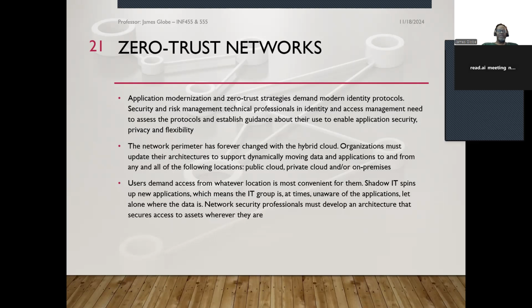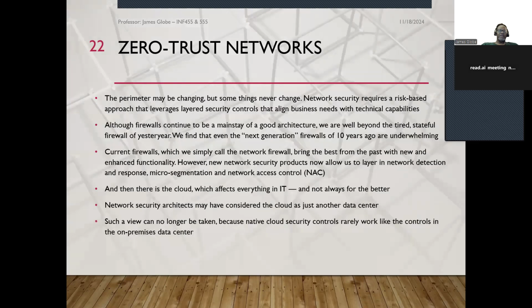You don't trust any user, any device, any processes that want to access your IT ecosystem. You authenticate them and you authorize them. And you continually do it. It's not a one-time thing. It's continuous as they maintain a session to your assets.